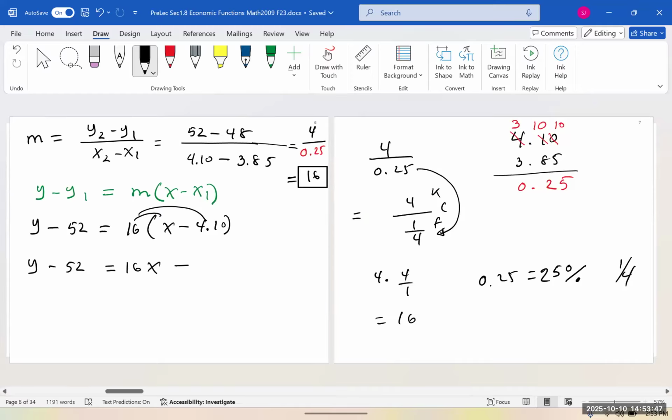Probably this is a calculator question, because I'm too tired of doing all this math. We have 16 times 4.10. So basically 4.1. The 0 after the decimal doesn't count if it doesn't have any number. So 1 times 16 is 16. You have a placeholder. 4 times 16 is 64.